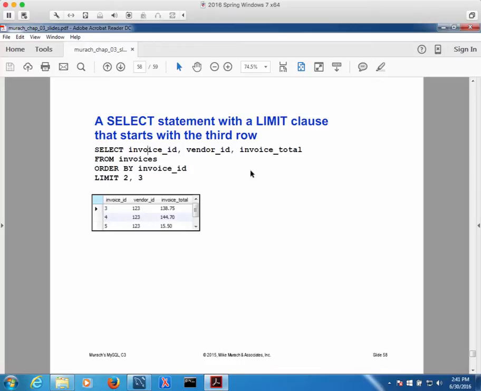Let's say we're displaying 20 lines to a page. If there are 20 lines to a page and we just did the third and we're asking for the fourth, we want to say something like limit 60, 20. So we'd skip the first 60, we'd start with the 61st, and then if there were 20 altogether left, we would get all of them. So that's the typical use case for this kind of syntax.